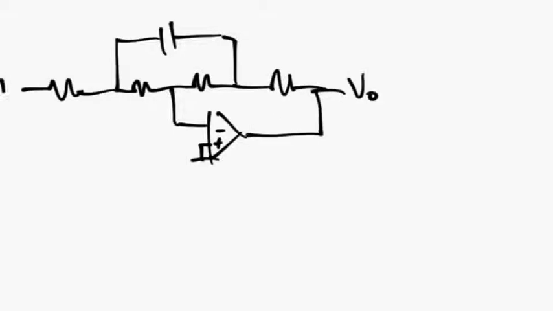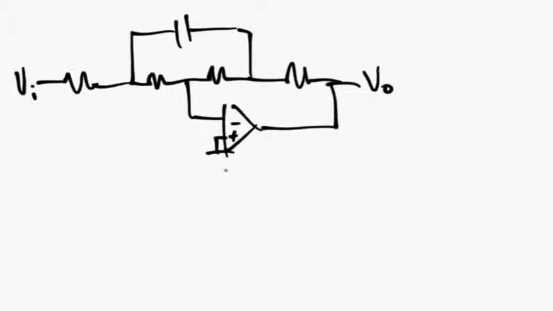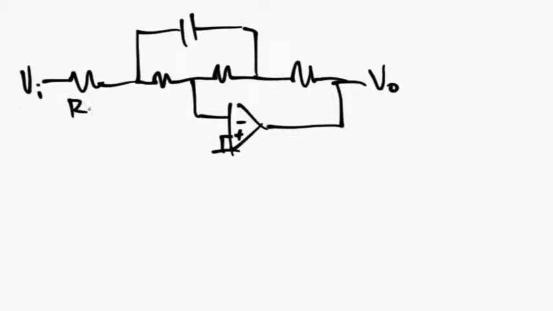Vout and Vin. And this is R1. This is also R1. This is R2 times 1 minus alpha. This is R2 times alpha. And this is just C, because there's only one capacitor.